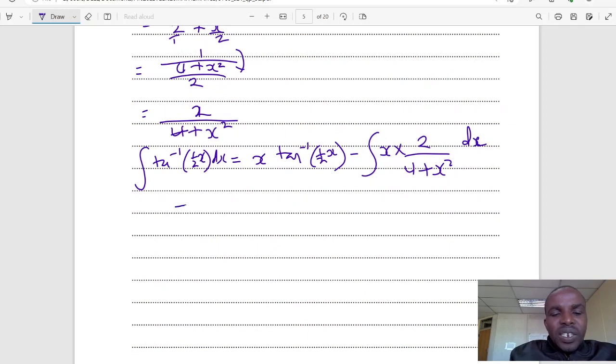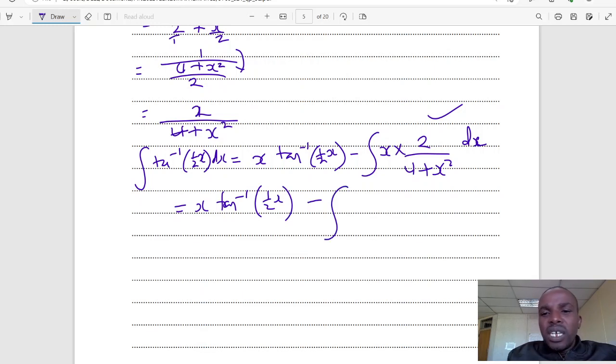Right, next, I can simplify inside the integral sign. It will be x arctan of half x, minus, let me simplify it first, 2x over 4 plus x squared, then dx.